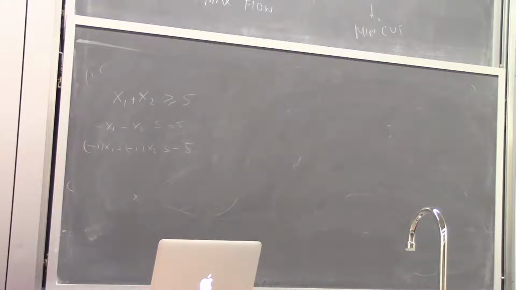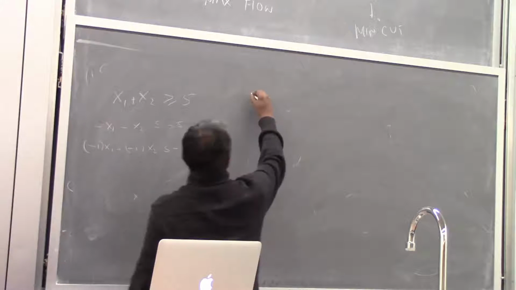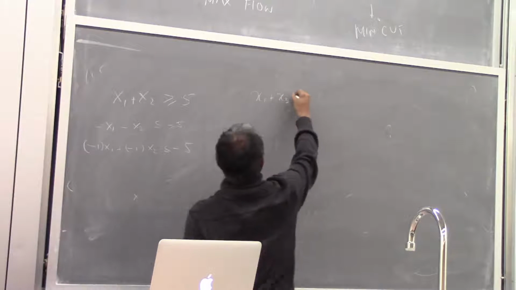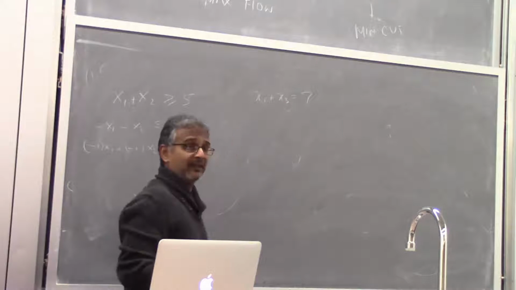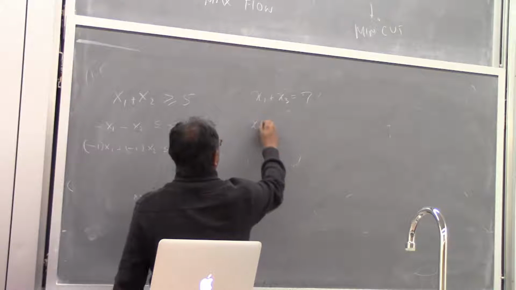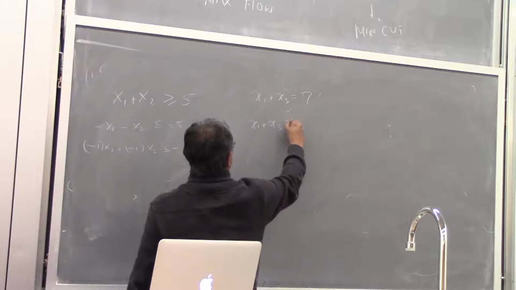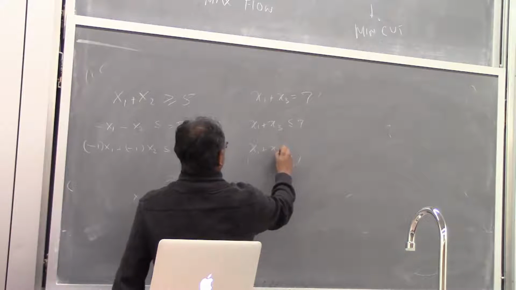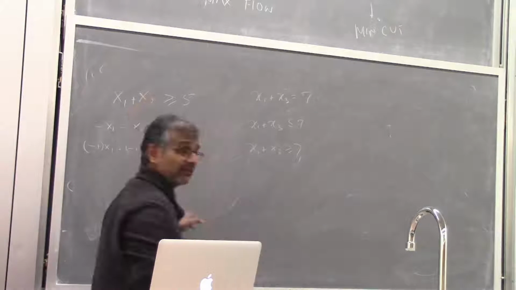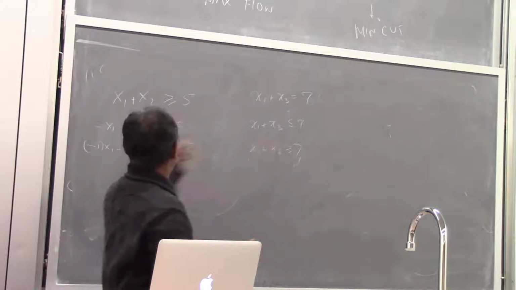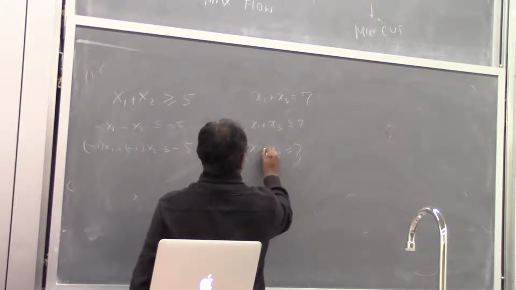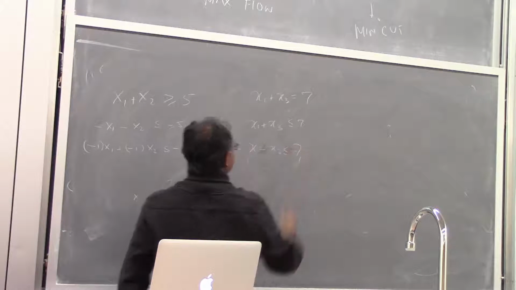That's for greater-than-or-equal constraints. For equality constraints, if you said x1 plus x3 is equal to 7, that has to mean that x1 plus x3 is less than or equal to 7, which I can handle. It also means that x1 plus x3 is greater than or equal to 7, which I can now handle, and this can be converted again to that. So you get the constraint minus x1 minus x3 less than or equal to minus 7, and now you're done.